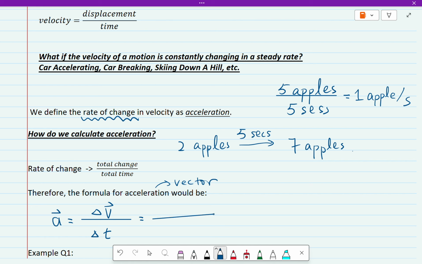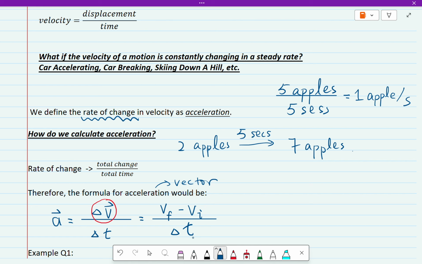And then we can make it more explicit. To calculate the total change in velocity, we use the final velocity minus the initial velocity, over delta t, which is the change in time. So this would be the formula for acceleration.